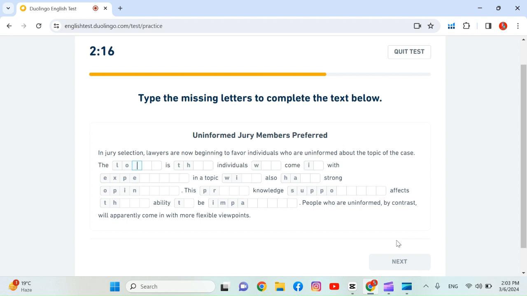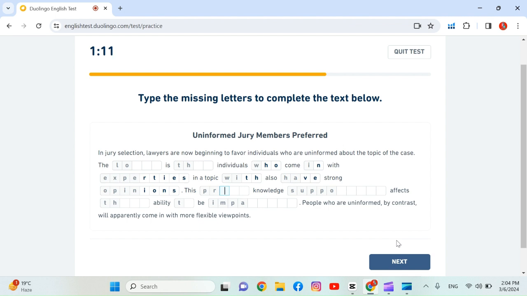The lawyer is not written like this. Individuals who come with expertise in a topic also have opinions.